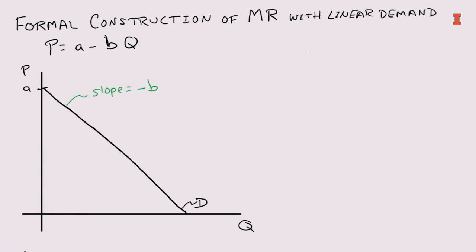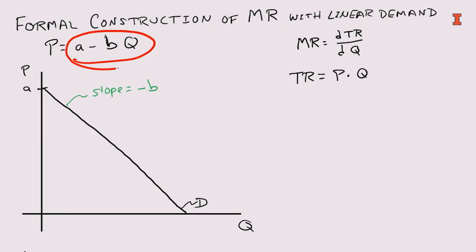The definition of marginal revenue is that marginal revenue is equal to the derivative of total revenue with respect to output. We know that. And we know total revenue is just equal to price times quantity. Fortunately for us, we have an algebraic formula that tells us what price is, A minus BQ.